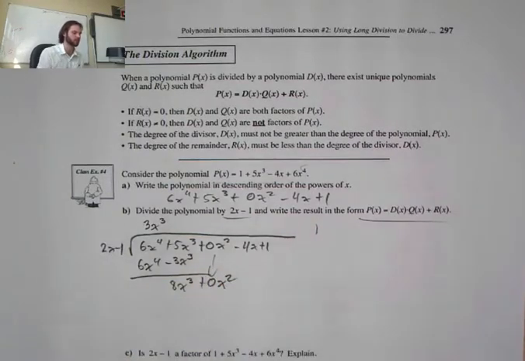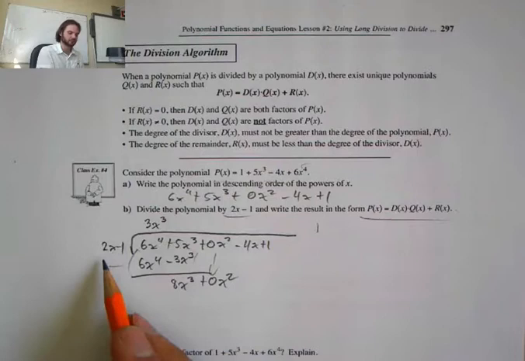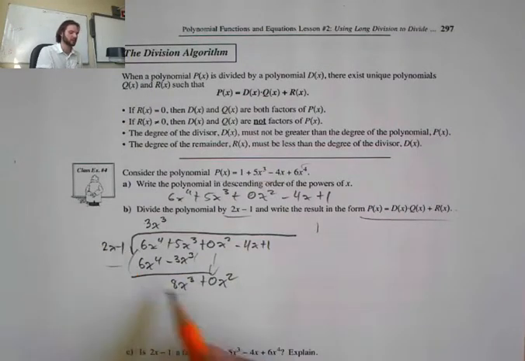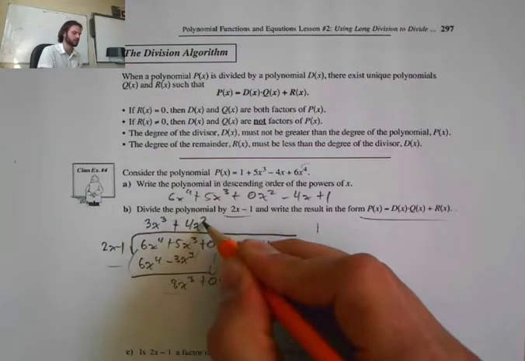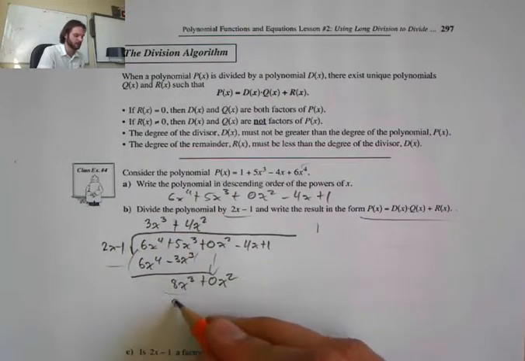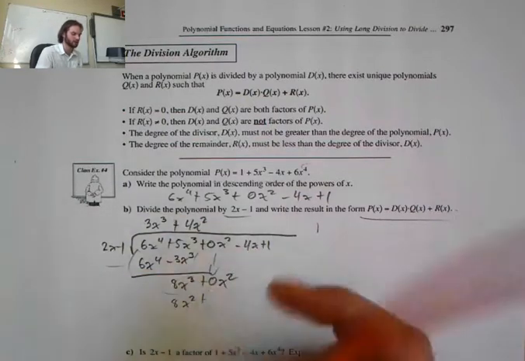Bring that down. Now, how many times is 2x going into 8x cubed? That is plus 4x squared. So we multiply that in, it's going to give us 8x cubed minus 4x squared.